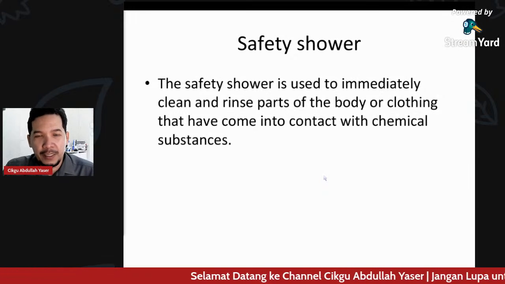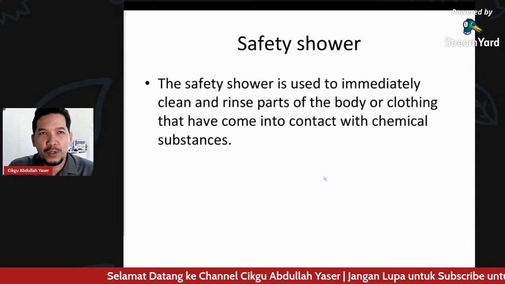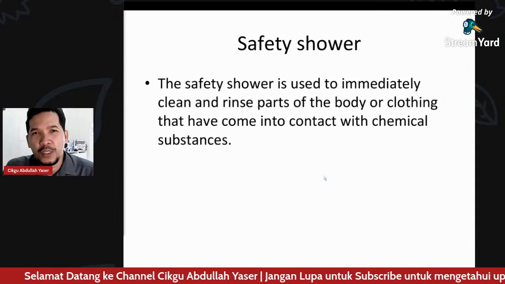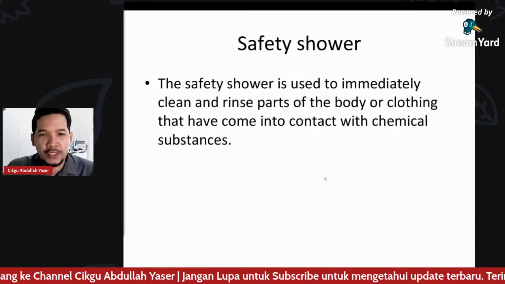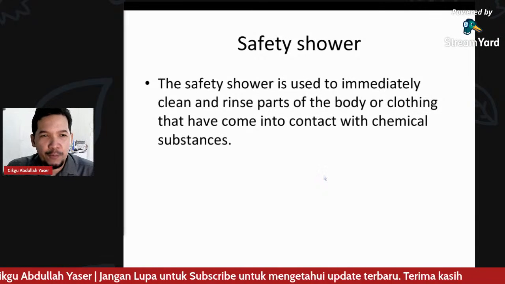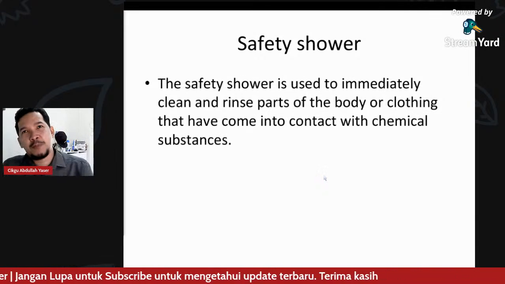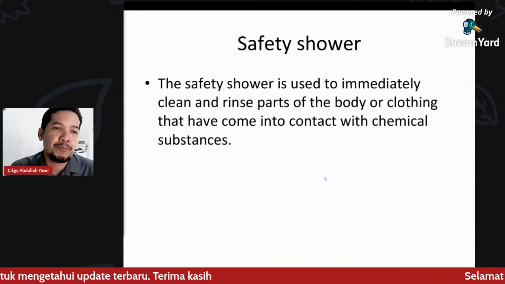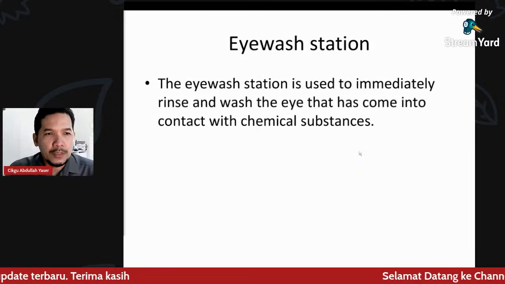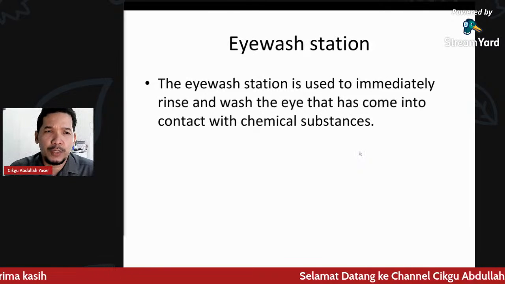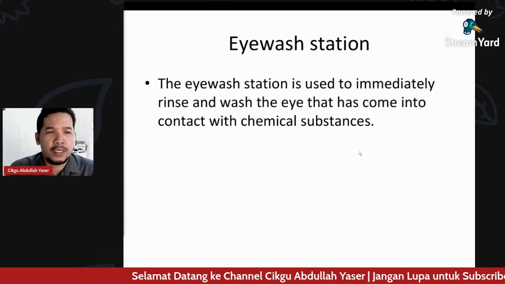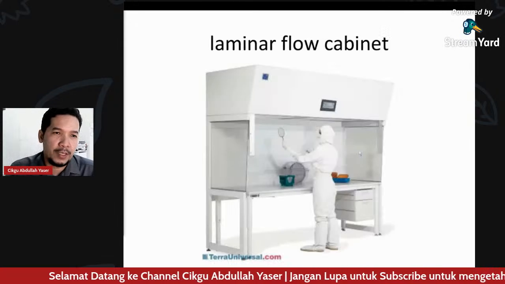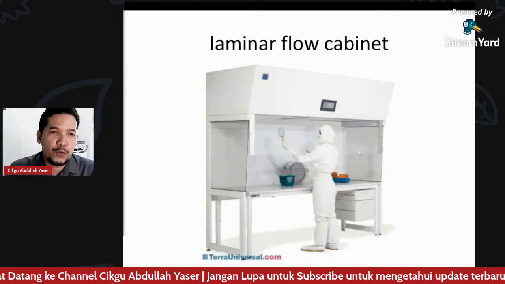But in our case, before this, we don't have strong acid and strong alkali involved in our experiments. Maybe in the future you will have. The eye wash station is used to immediately rinse and wash the eyes that have come into contact with a chemical substance.